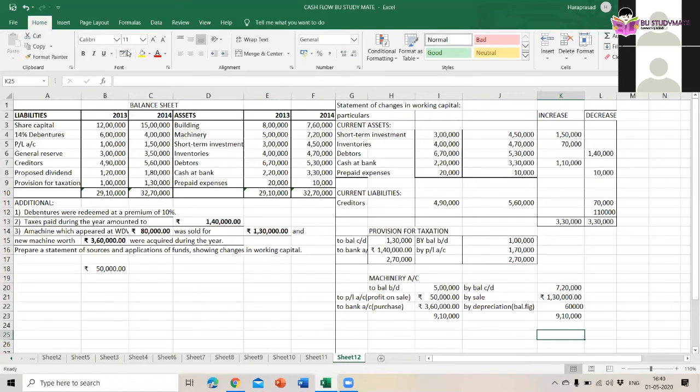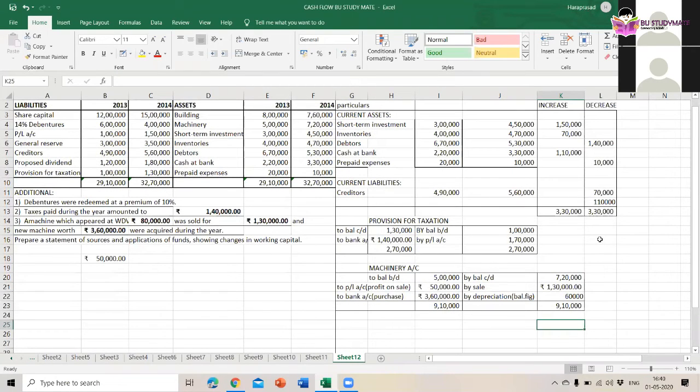Okay, any other adjustment is there? No, it's finished. So we will start to solve the adjusted PL account. Okay, now we will solve the adjusted PL account. Till now, those who have not written, please write down here.